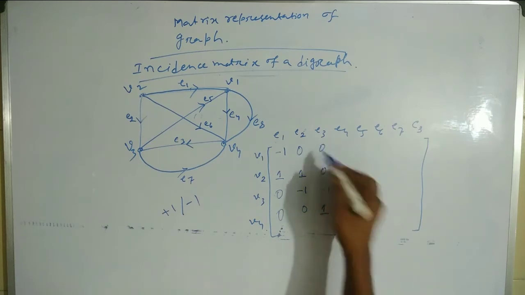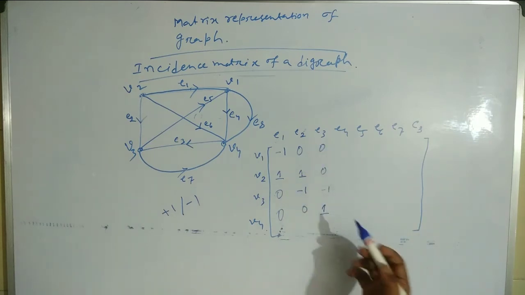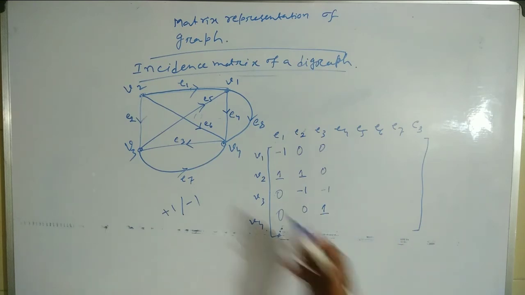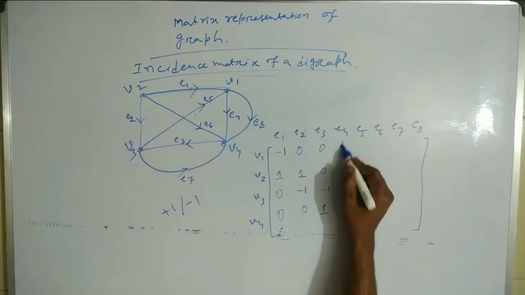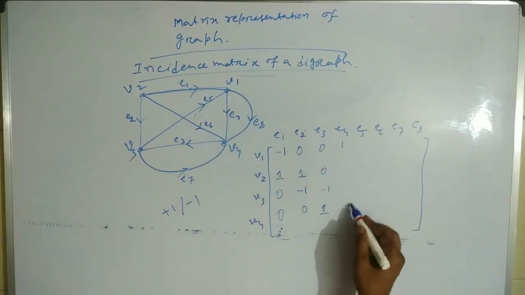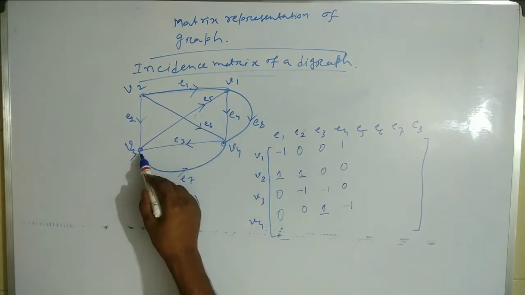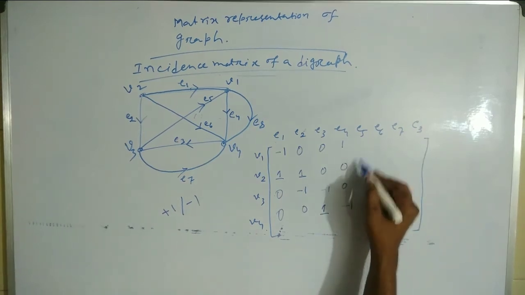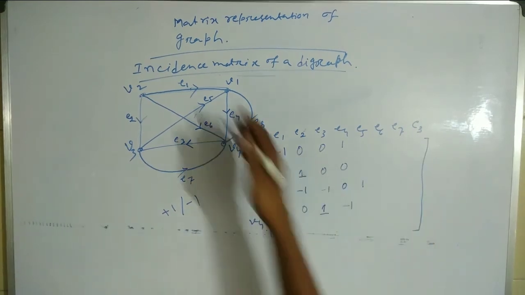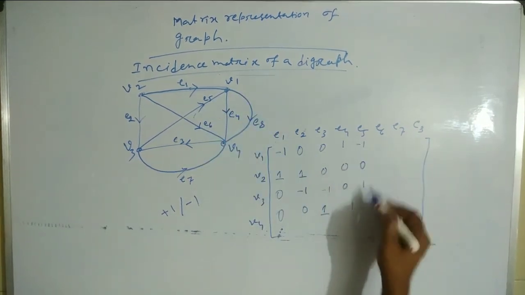Other will be 0. In a similar way for E4, in V1 it will be +1, and in V4 it will be -1. For E5, in V3 it will be +1, and in V1 it will be -1, 0, 0.